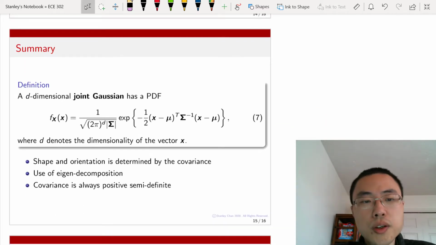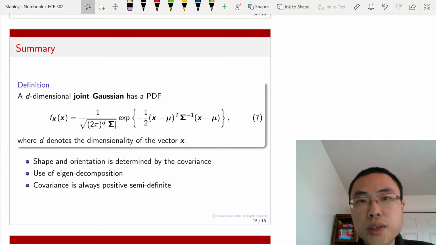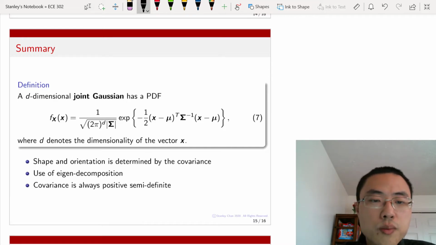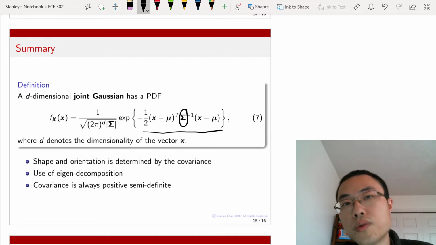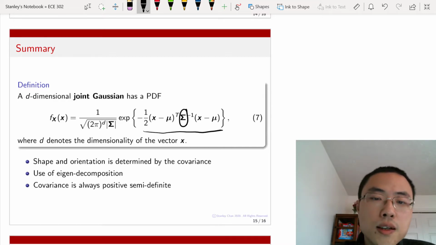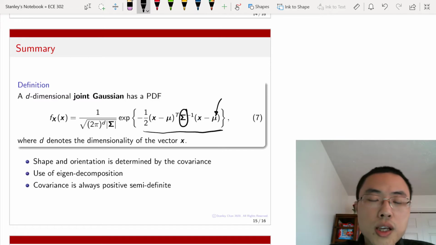So to conclude, what we have learned in this lecture, we have gone through a lot of detailed discussions of this joint Gaussian PDF. The joint Gaussian PDF takes this form, and the shape and also the orientation are fundamentally driven by this covariance matrix sigma. The center of the Gaussian, of course, is given by this mu, but usually that one is a lot easier to understand.